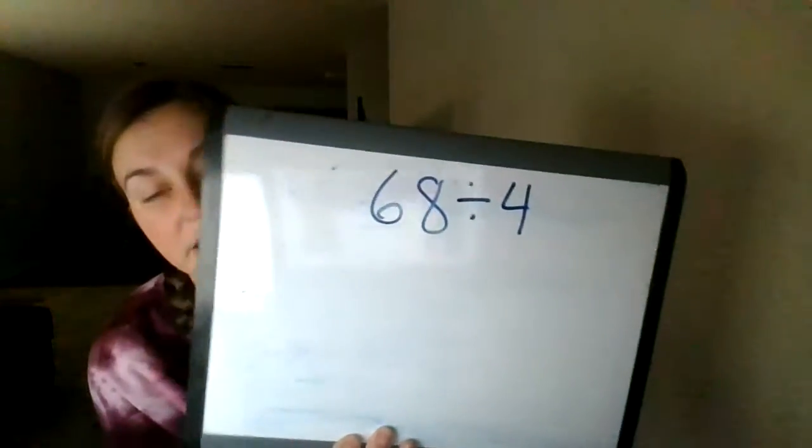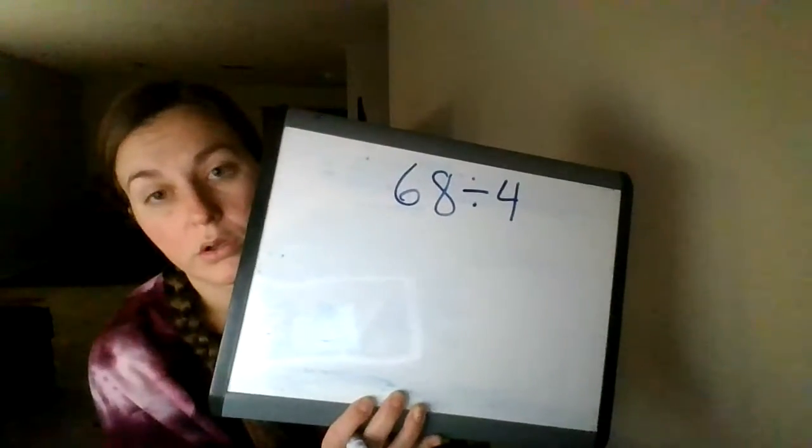All right, I want you to try one. So go ahead and take this opportunity to get a piece of paper or a whiteboard or something that you can write on so that you can also practice with the box method. All right, we're going to do 68 divided by 4.